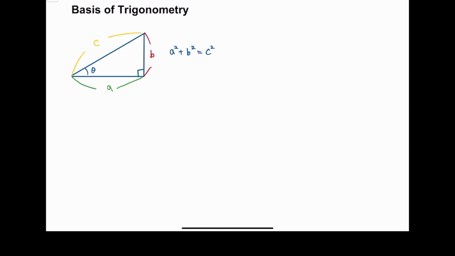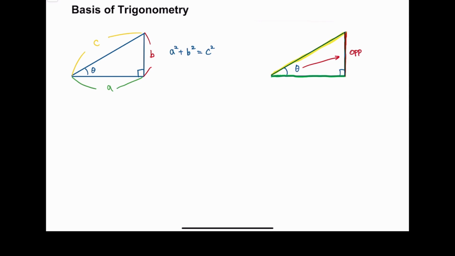Trigonometry is a way to show the relationship between side lengths and angles inside a triangle. To do so, I drew the same right triangle with corresponding colors, but this time I'll write those sides in a different way. The opposite side of the angle theta is the red one, so I'll say opposite, abbreviated to OPP.